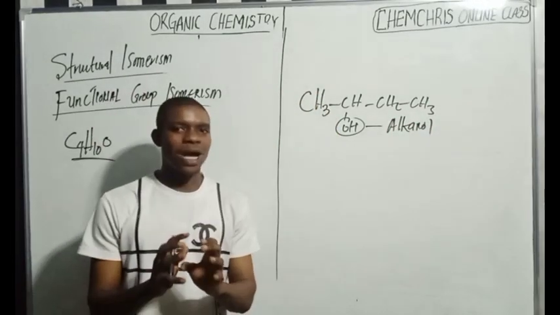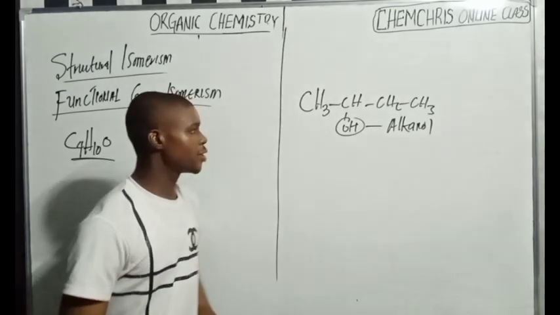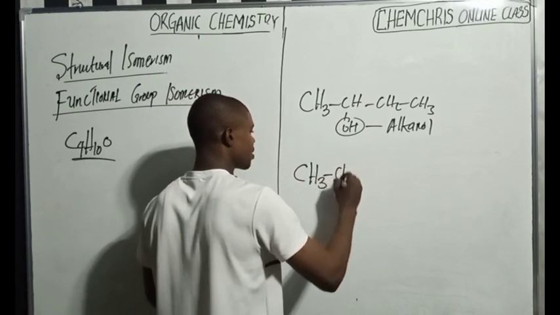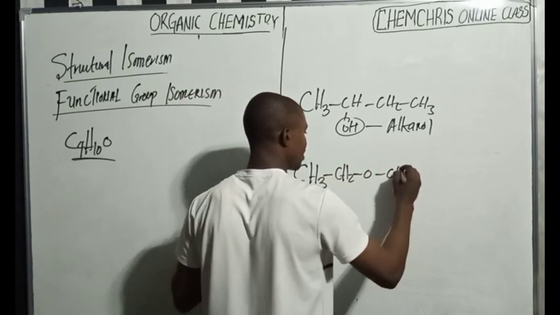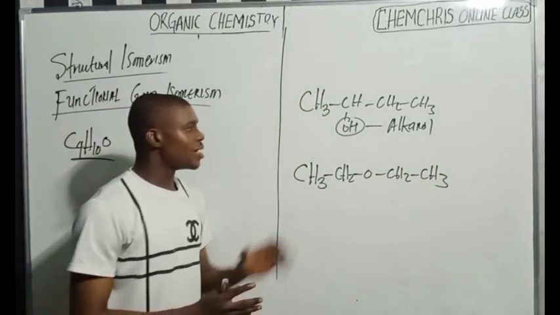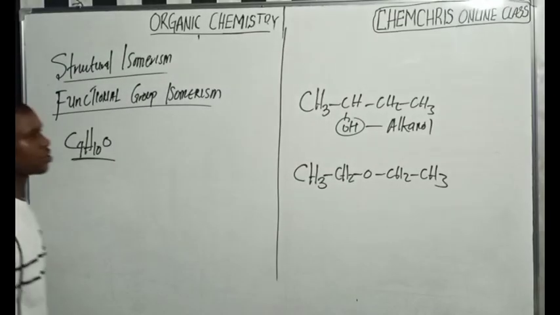Now, do you know that you can also draw it in such a way that you get a different functional group? Let me explain. You can do it like this: CH3, CH2, O, CH2, CH3. Can you see that? These two have the same molecular formula, C4H10O.